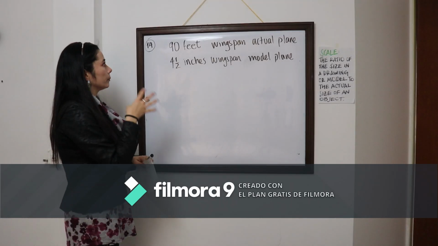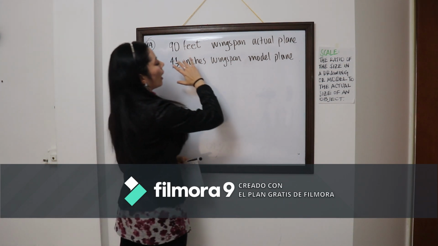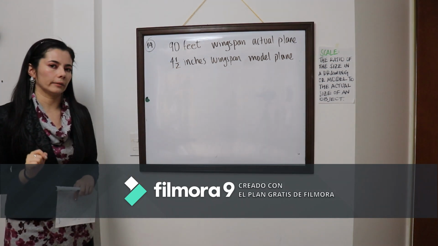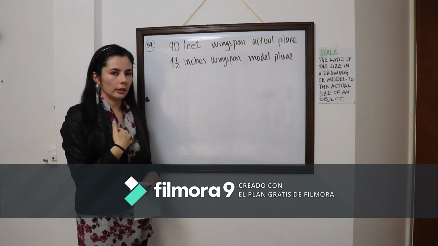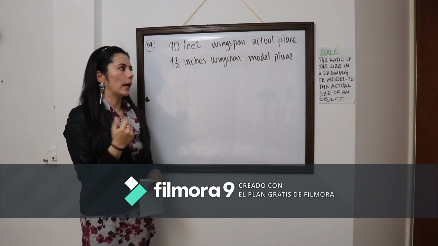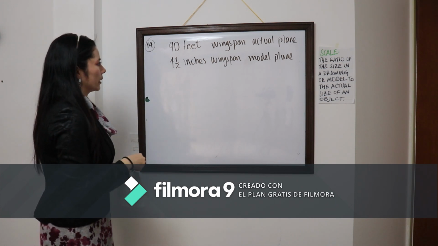So then, problem 14 is actually telling us about how a model plane is built based on the measurements of an actual plane. And they want us to actually find the scale rate. That means how is the scale for the building of the model, right? How do we get to do that? Well, it's pretty simple.